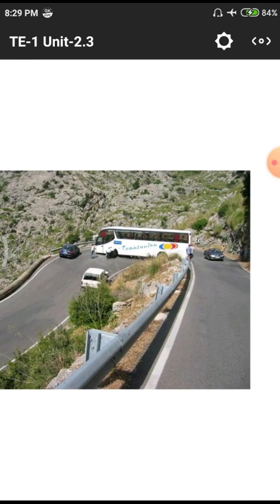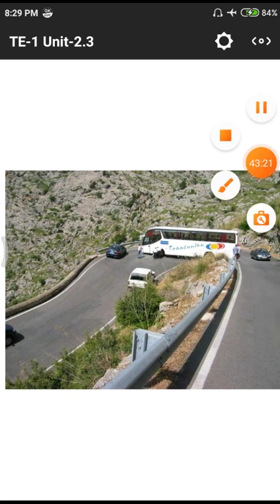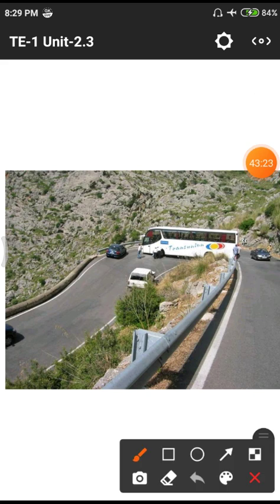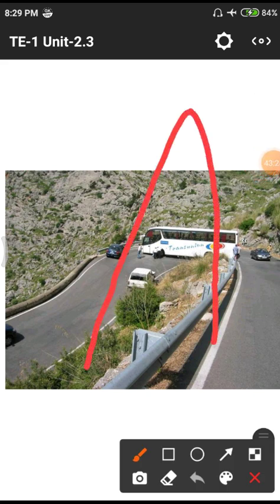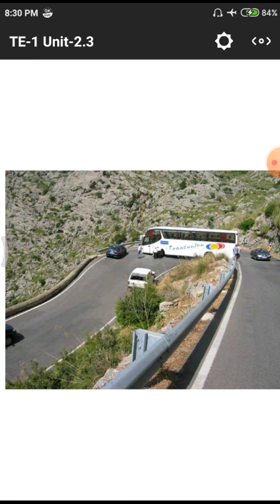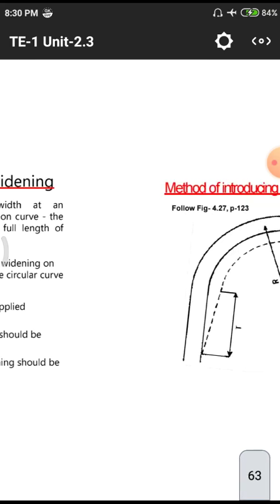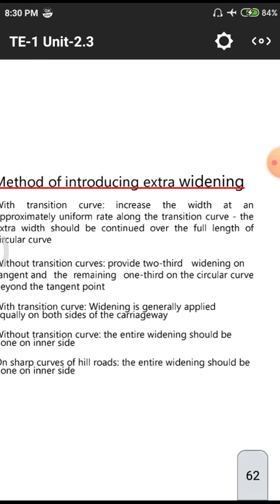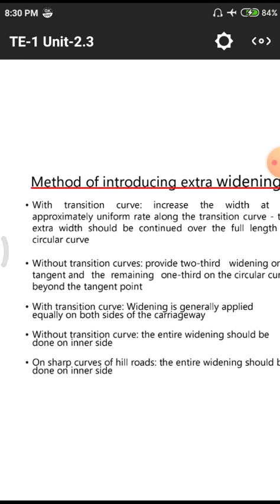Normally the term sharp we use to indicate a knife, which has a pointed shape. That means it is a sharp curve, where the point is like a knife. This is a round curve, that is not a sharp curve. We have curves with transition curve, without transition curve, and sharp curves. Those things we need to maintain.